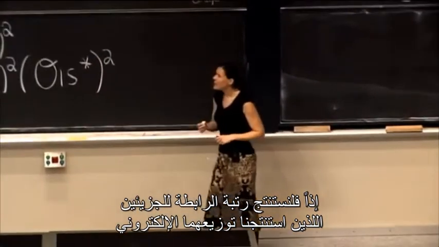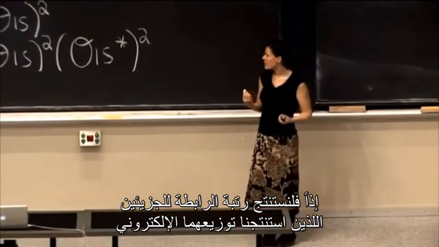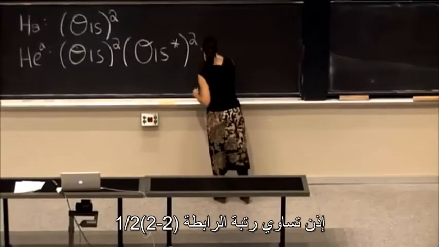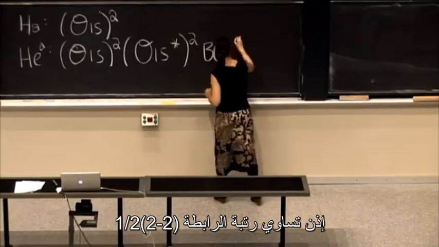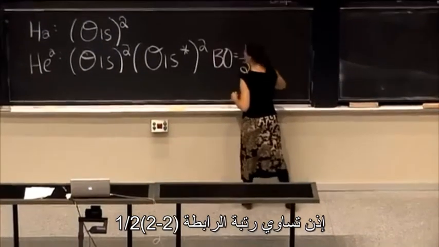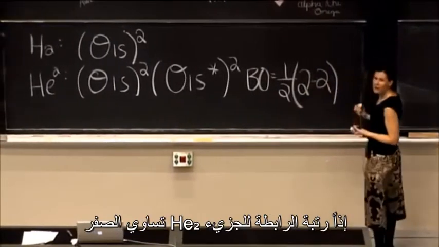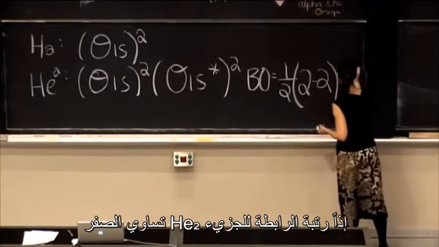So let's figure out the bond order for our two molecules here that we figured out the electron configuration for. So I guess we'll start with helium-2. The bond order is going to be equal to 1/2, and then it will be 2 minus 2. So our bond order for He2 is going to be equal to 0.